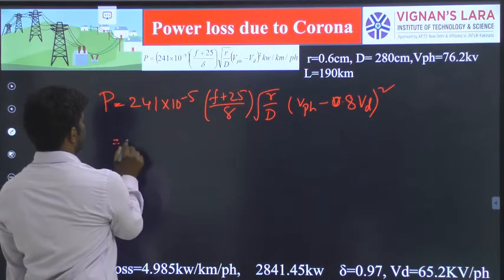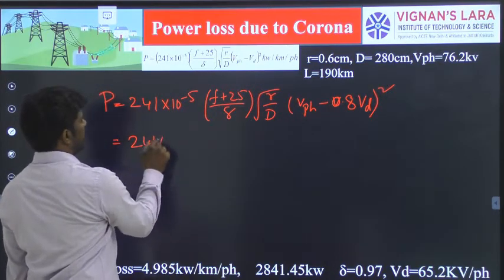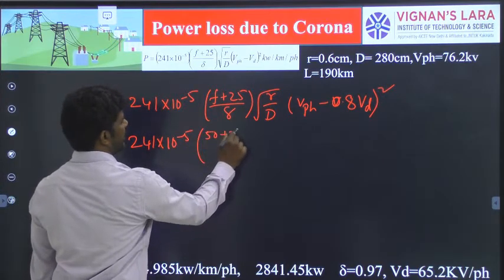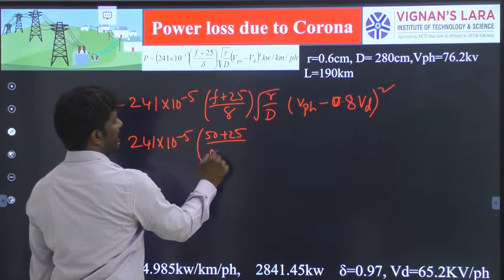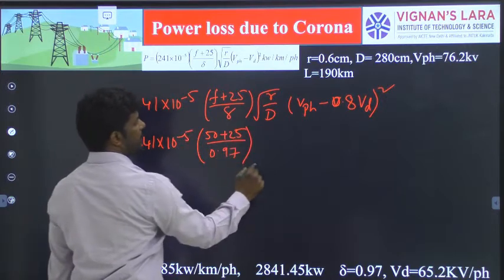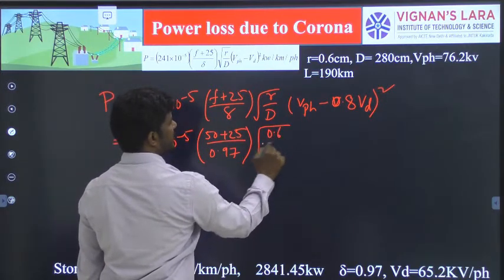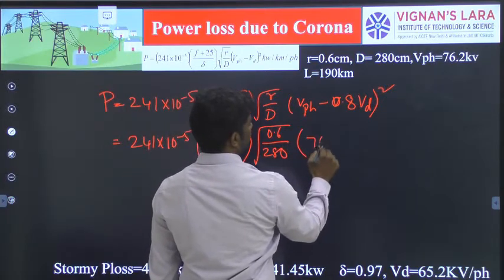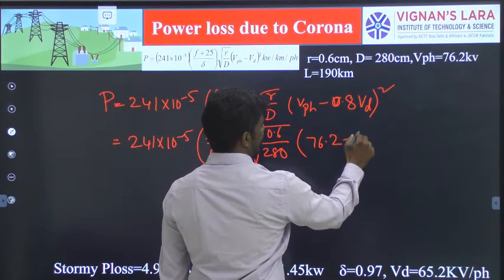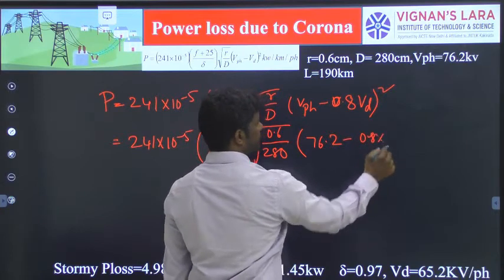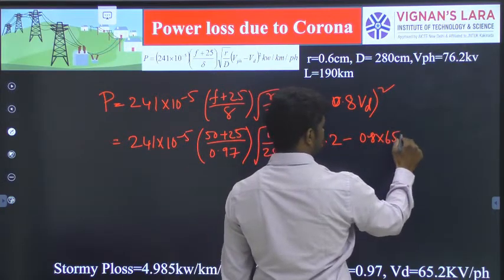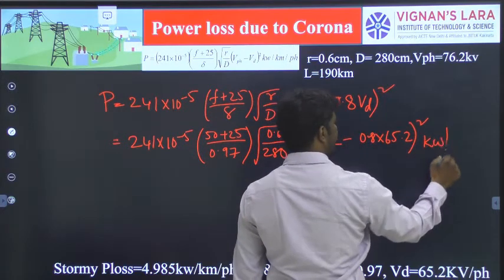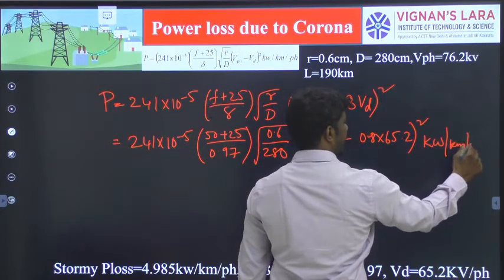So substituting all the values: 241 into 10 power minus 5 into 50 plus 25 by 0.97 into square root of 0.6 by 280, multiplied with 76.2 minus 0.8 into disruptive critical voltage 65.2 kV whole square, whose unit is kilowatts per kilometer per phase.